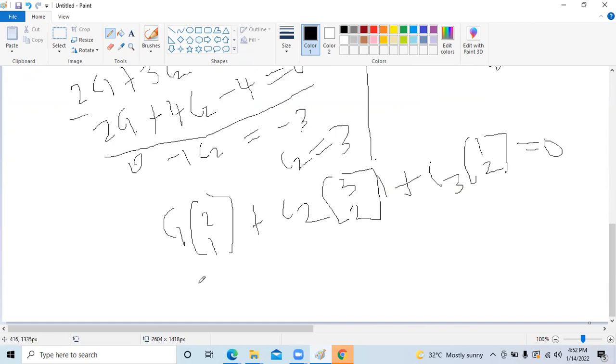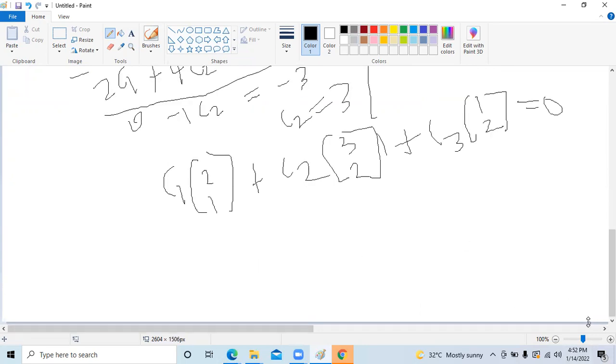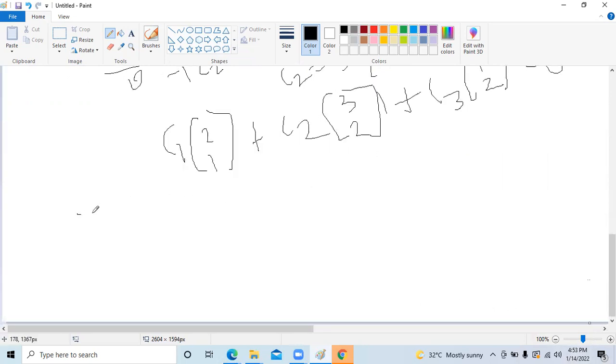Right, C1 is minus 4 in bracket 2, 1. Plus C2 is 3 in bracket 3, 2. Minus 1 in bracket 1, 2. This will give us 0.